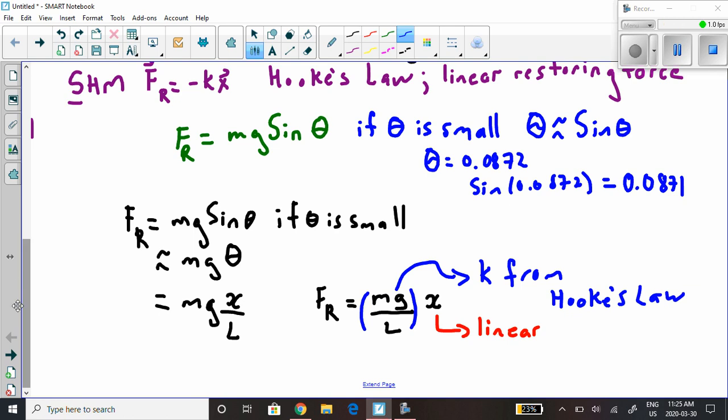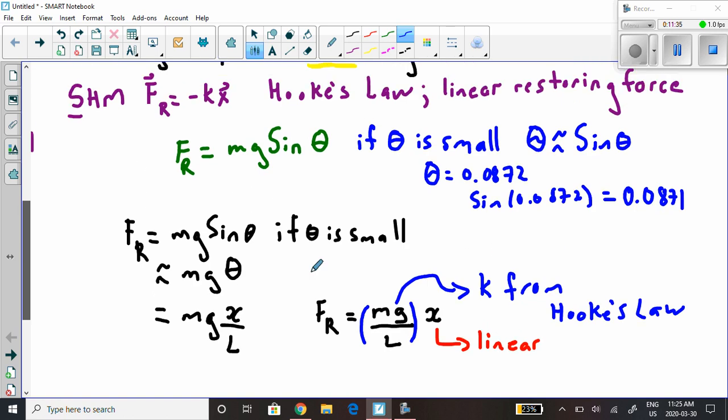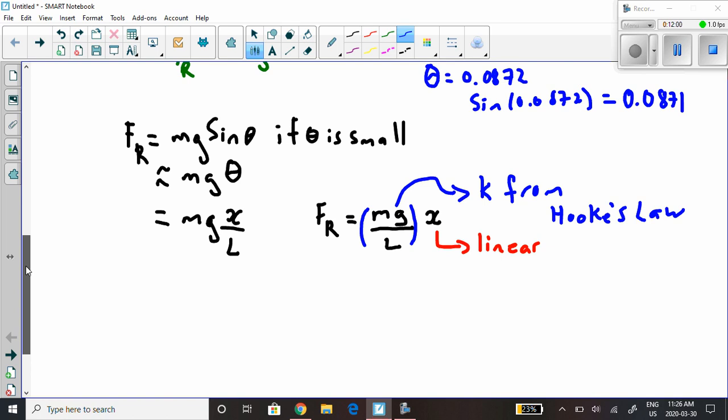We have now proved, since we've come up with this equation, that if you keep the angle small enough on a pendulum, it will be a simple pendulum, because the restoring force will be linear, and therefore it is simple harmonic motion with mg over L, the mass, the gravitational field strength, over the length of the string, being the k value in Hooke's law.